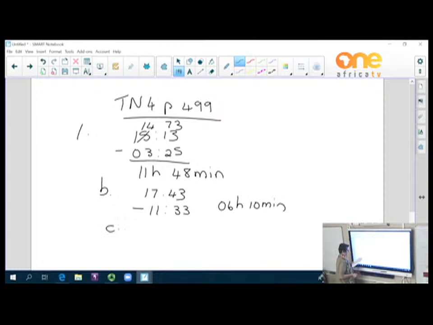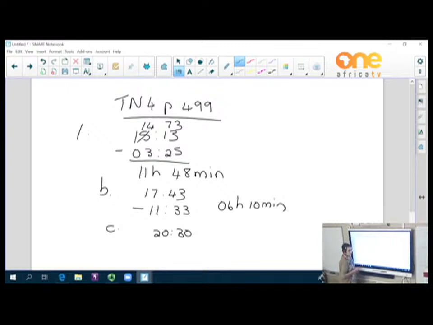Number C, 20:30 and 9:30 the next day. So that means that this is 20:30 in the evening, and then 9:30 the next day. So what is the elapsed time?